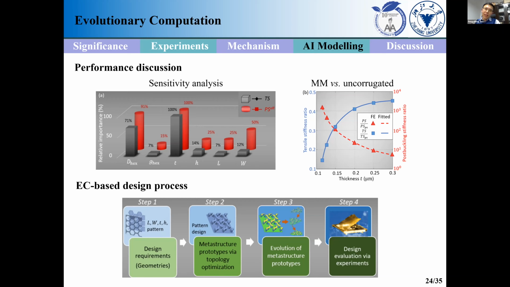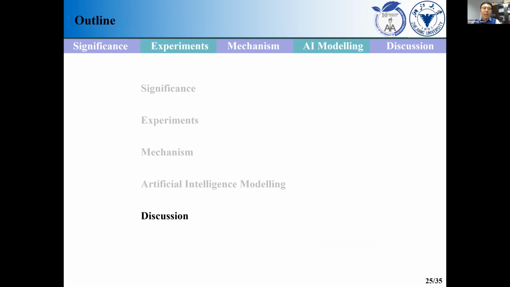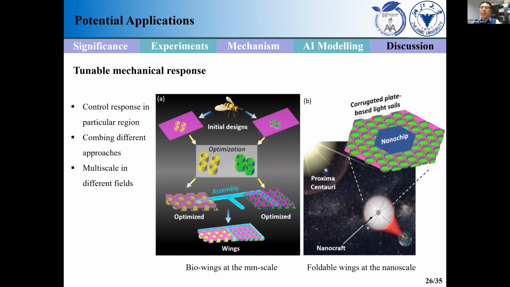If we want the mechanical performance to be like this, how should the geometric structures be? This model can help us answer this question. So finally, let's get into a discussion, the last part of my talk today.